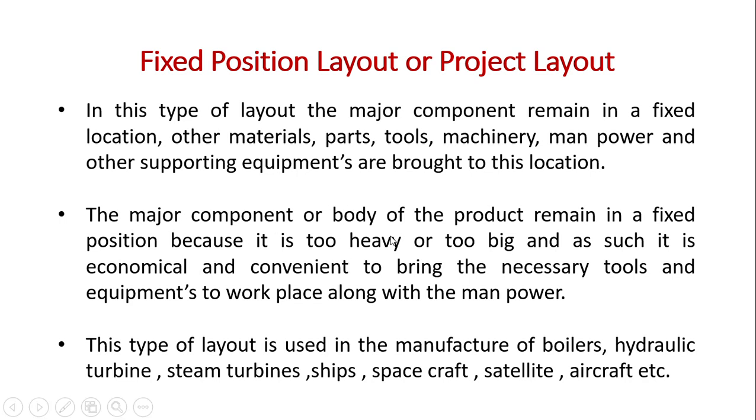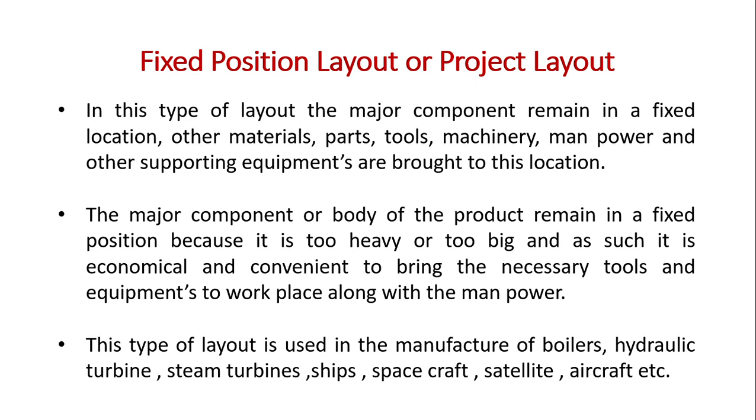The major component or body of the product remains in a fixed position because it is too heavy or too big. Different tools, equipment, manpower, all these are brought to a single location.